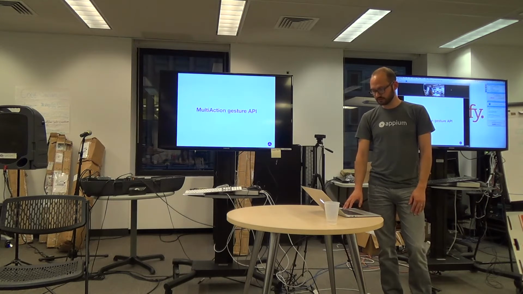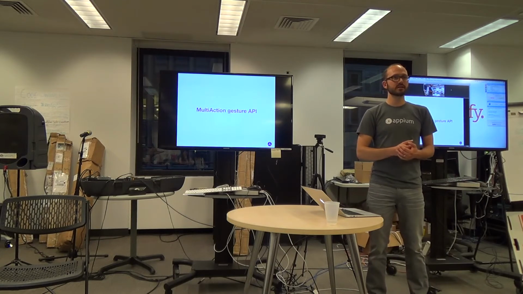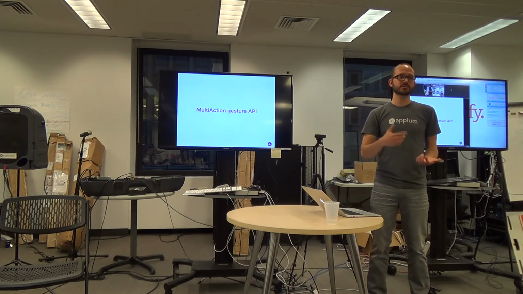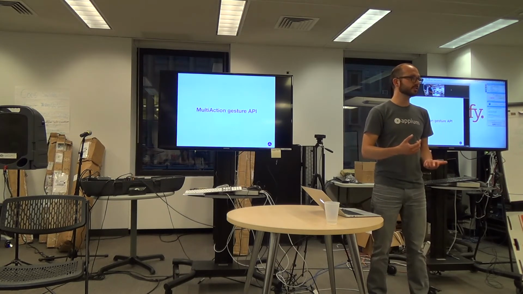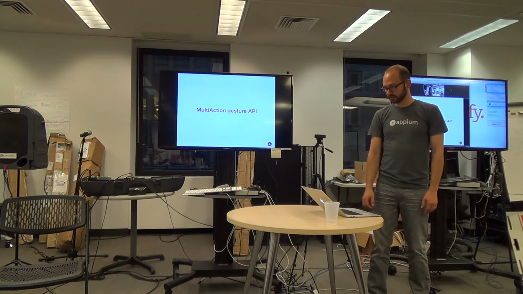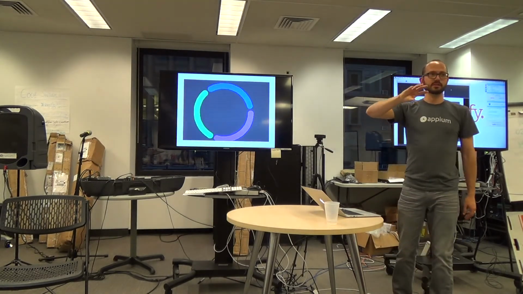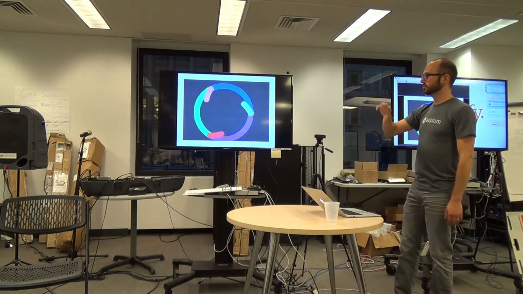We have this new touch action and multi-action gesture API, so that you can perform the kind of complex gestures that are common with mobile applications that weren't so common with desktop applications. So you can do things like this. This is Appium actually using the gesture API on a drawing application, and it's trying to draw its own logo.